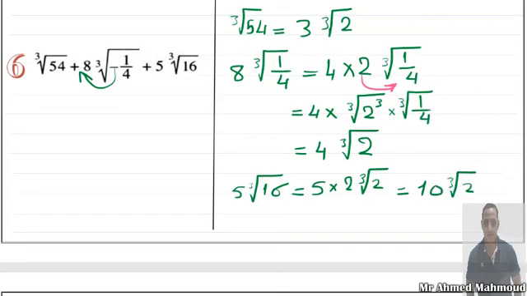Okay, back to our expression. Here we have cubic root 54, which is 3 cubic root 2.